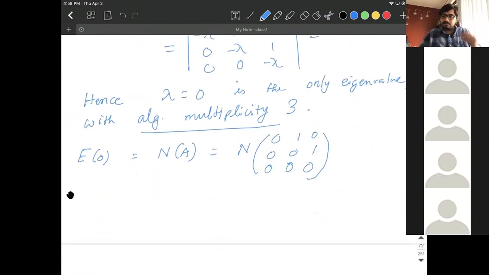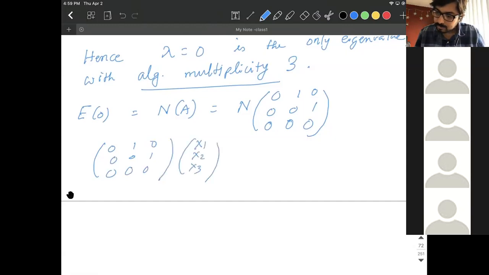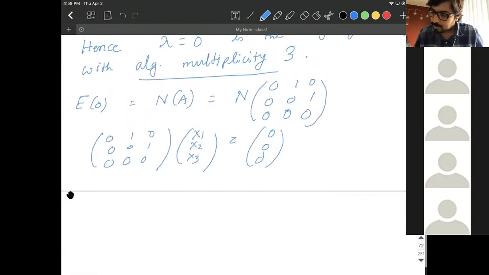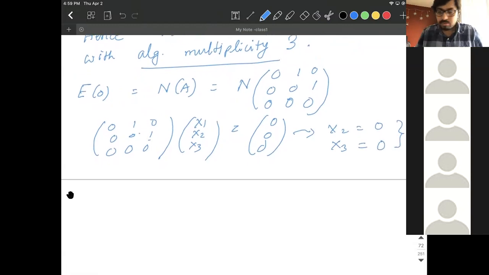And you don't even need to row reduce it. So this is 0, 1, 0, 0, 0, 1, 0, 0, 0 times x1, x2, and x3 equals this zero vector, which means, from the first row, you have x2 equals 0, and from the second row, you have x3 equals 0. And x1 is the only free variable.